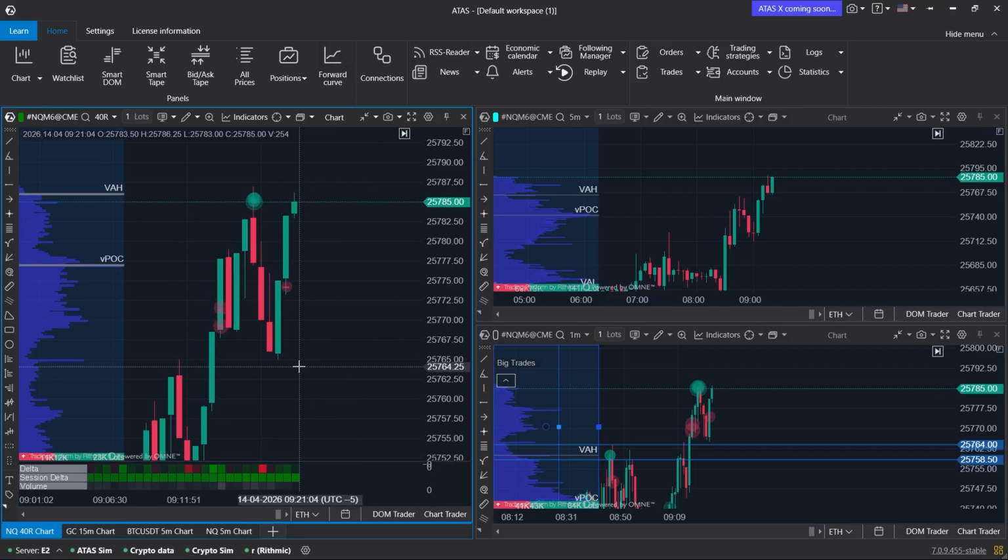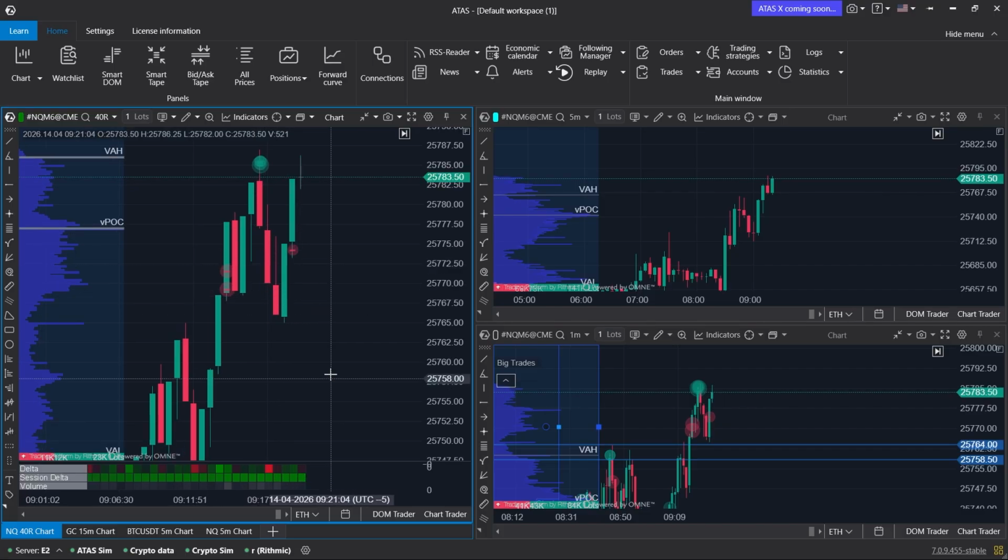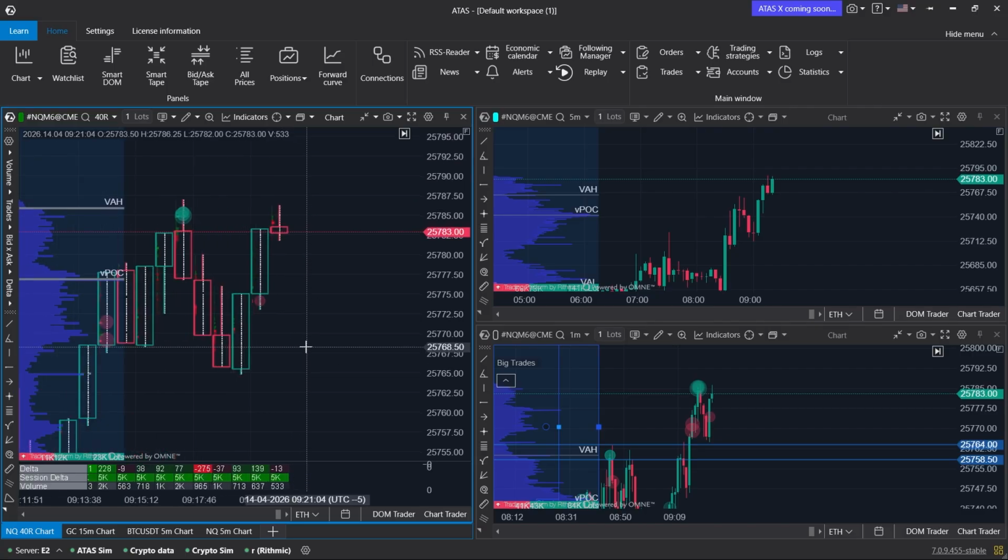I'm trailing myself over here because it came back to this absorbed buyers level, and if it does not respect this absorbed sellers level once again, I don't want to be in this trade. I'll look for another entry or something like that.